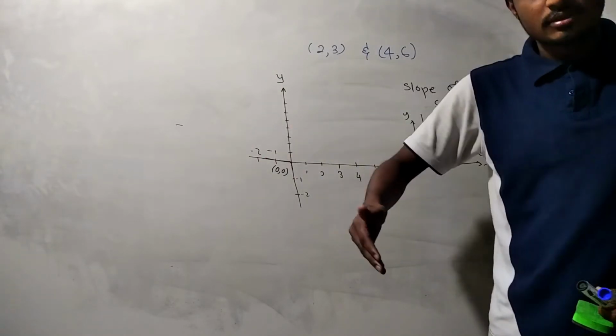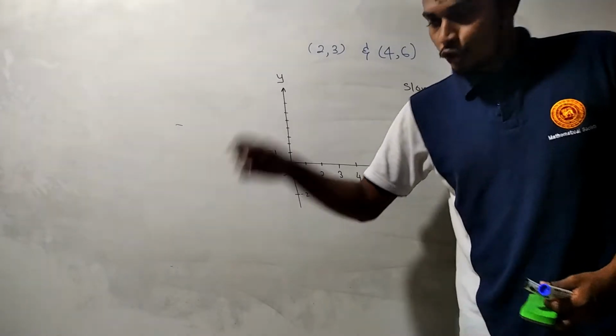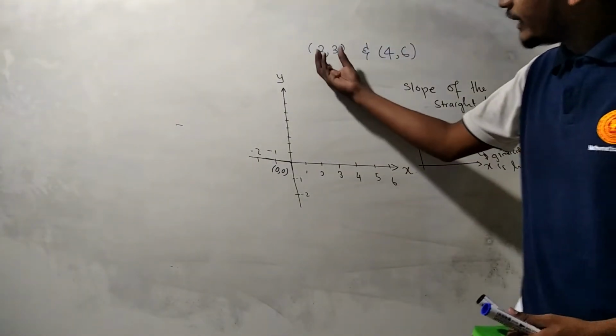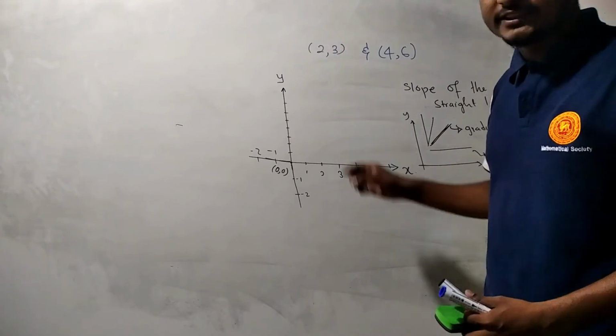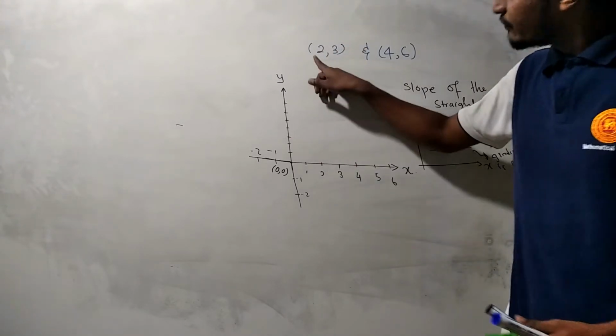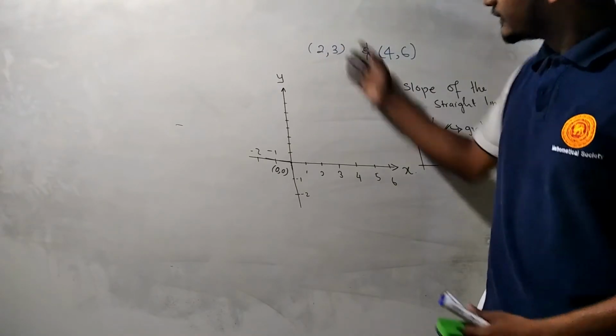It's x, then y. Even when you write numbers separated by a comma inside parentheses, you have x comma y. The first is x and the second is y.